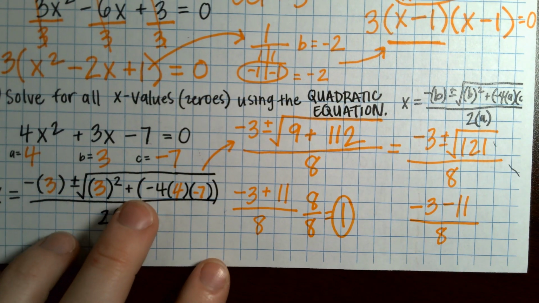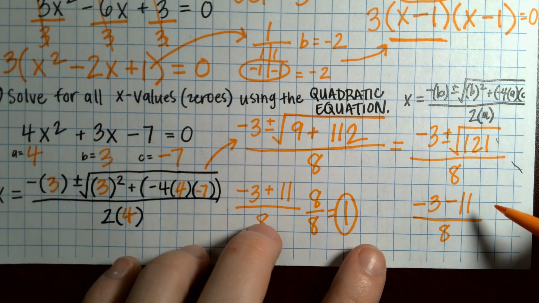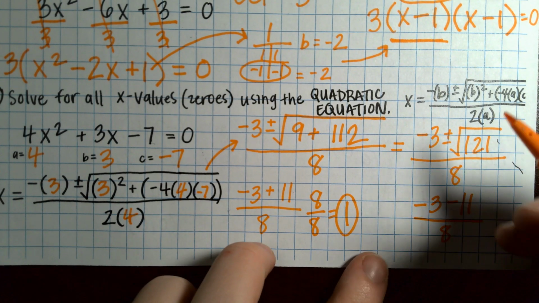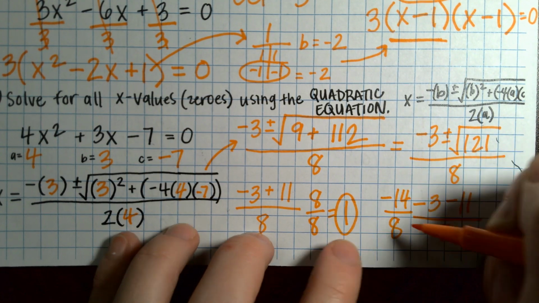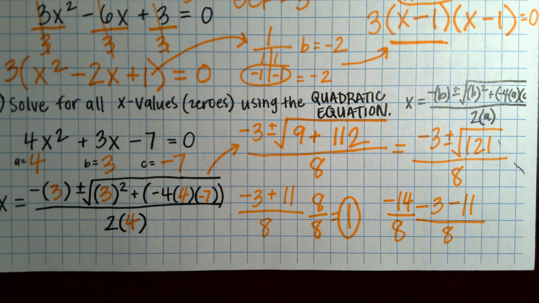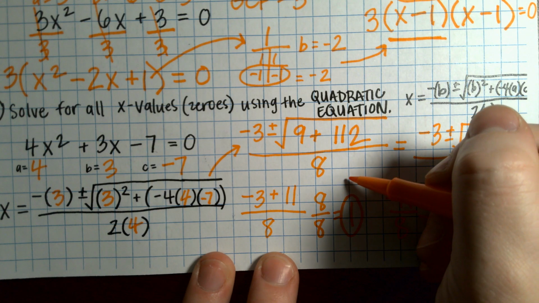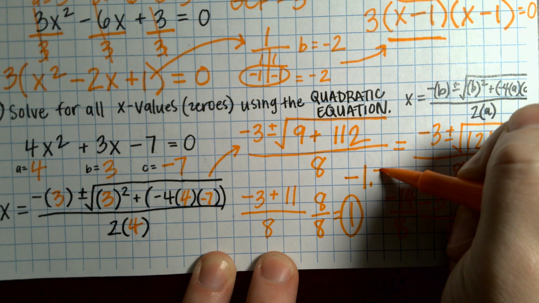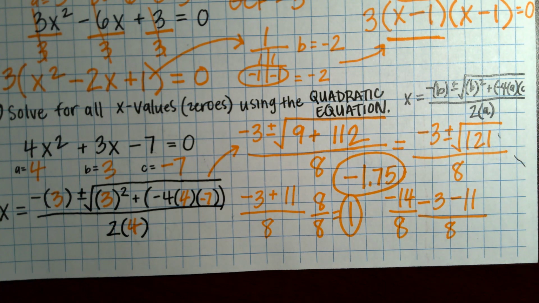There's one of our answers. And what about the other? 14 divided by 8. Very close. Negative 14. Yes, -14 divided by 8, which is -1.75. Yes, that is correct. So we got x equals 1 and x equals -1.75. There we go.